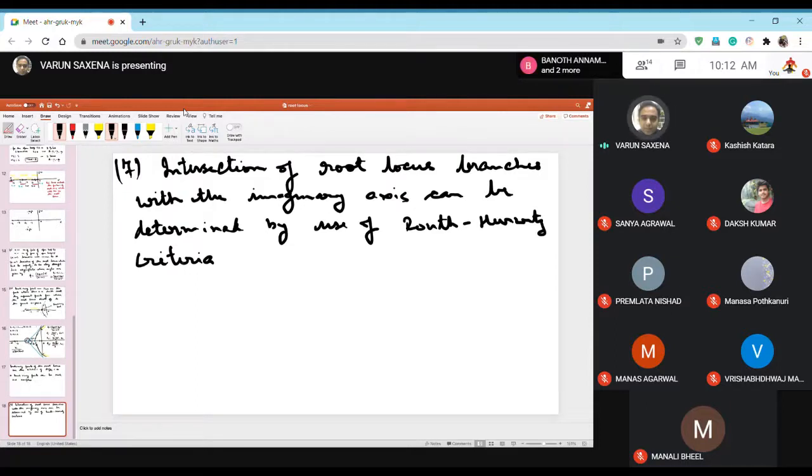We will take up some examples, of course, and I will apply all these rules, and I think with all these rules we will be able to create root locus plots for transfer functions.